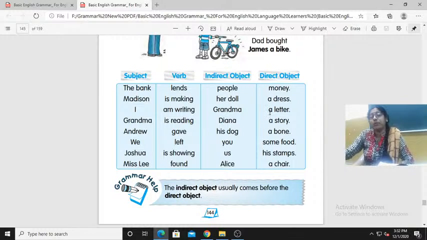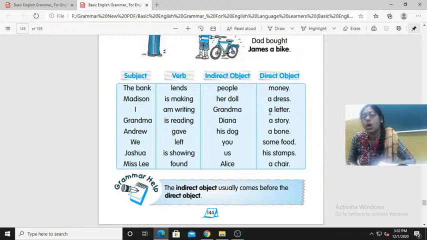So try to know these things and clarify the matter. When there are two objects, children face lots of confusion. Why this kind of two objects? They think that this is not an object. They think it's something else, a complement, or one or two, three children are writing adverb also.